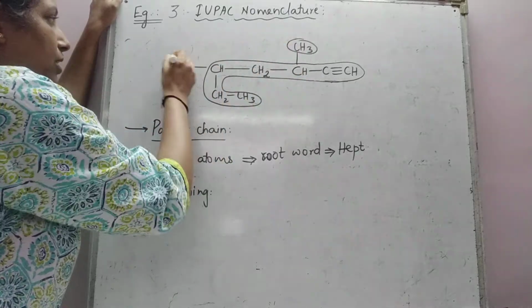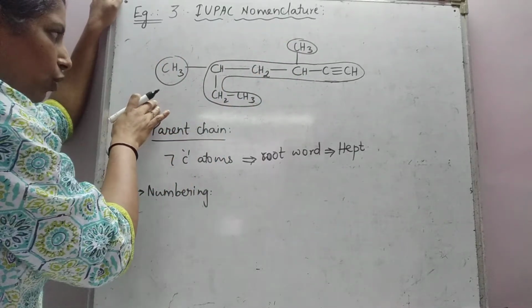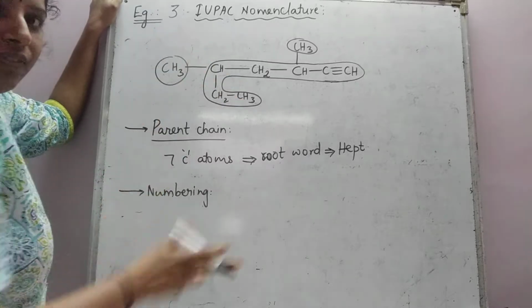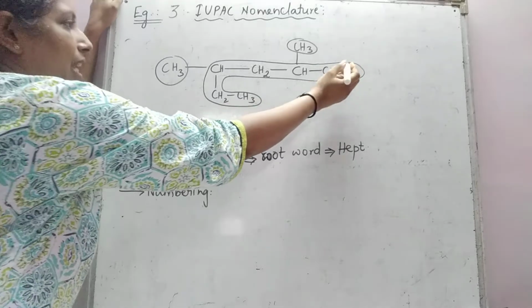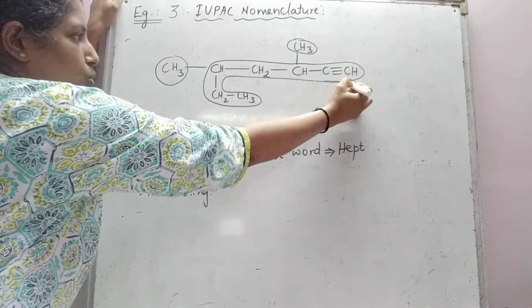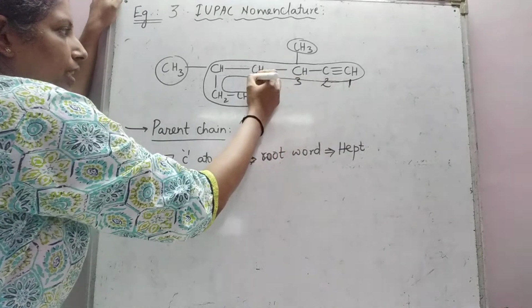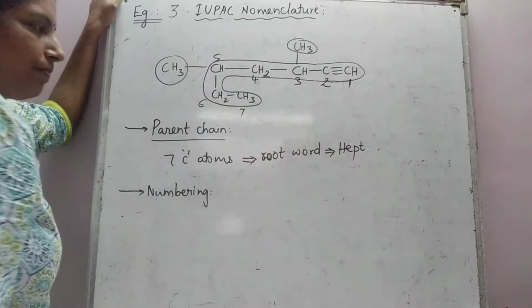So there are 2 branches. This is the first example wherein we have a compound having more than 1 branch. So we'll start numbering from this end because it is closest to the triple bond. So 1, 2, 3, 4, 5, 6, 7.